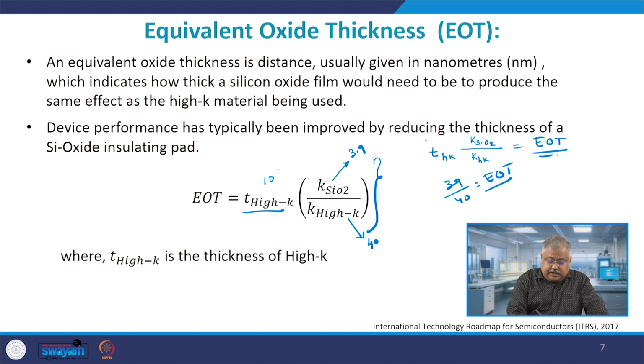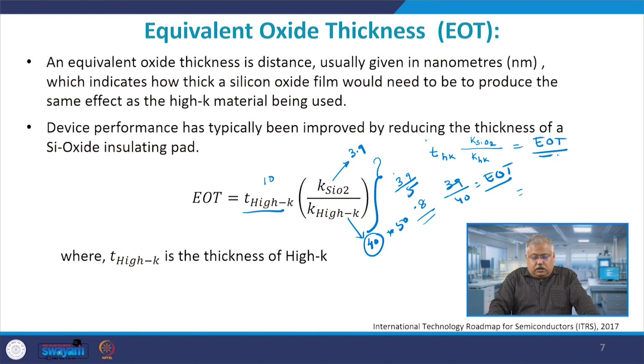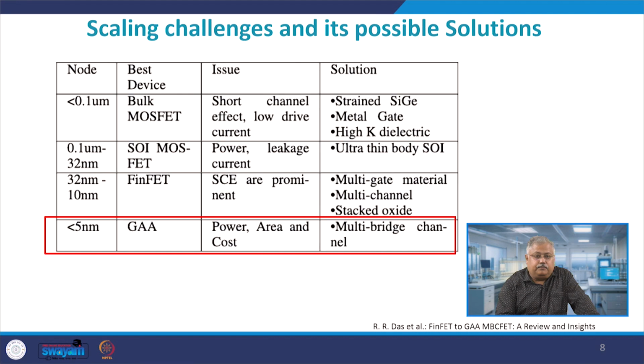Now if I increase this material by 50, make it 50, then what I get is 3.9 by 5, and that is approximately 0.8, and this would have been approximately some value here. Now you see, EOT changes just by changing the thickness of the high-K material, right. Okay.